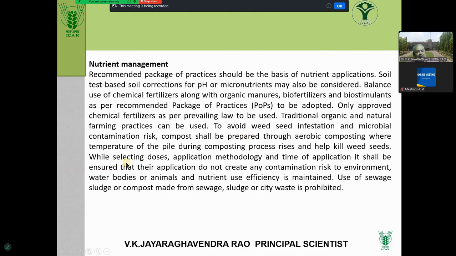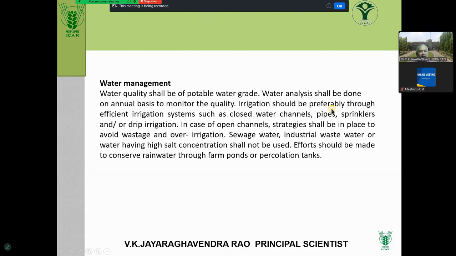Therefore, something should be aerobically composted, some fertilizer should be anaerobically composted, and then it should be certified that this particular BBMP waste has become an organic or fermented manure. That's why we say fermented, like pickle. Unless the pickle is nicely cultured, you cannot simply sell anything as a pickle. There are certain packages of practices to be followed.